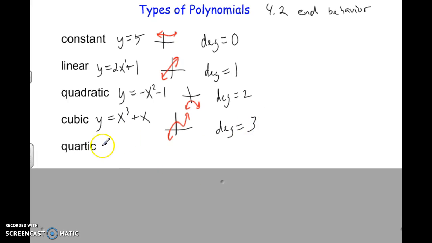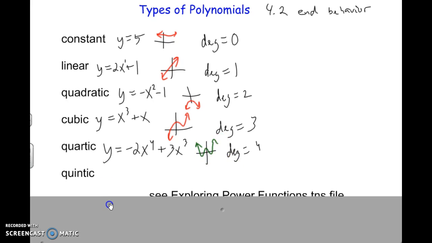Quartic, you don't hear that name very often, but you sometimes will see these. So negative 2x to the fourth plus 3x cubed would be an example of a quartic. The degree is 4. The graph might look like a W, maybe, or something like that. It doesn't have to have quite that many curves in it, but it might.